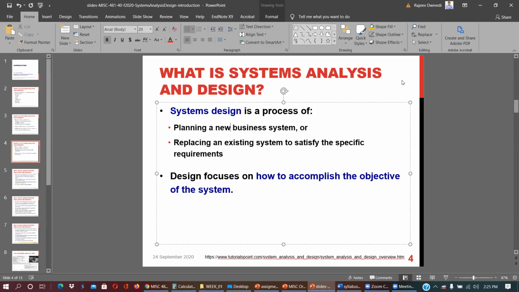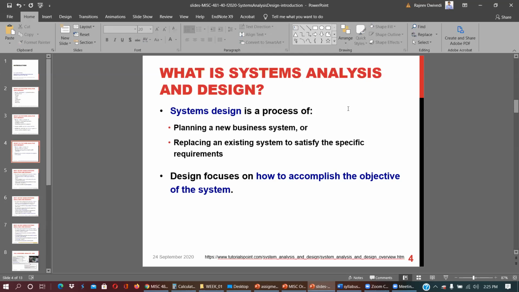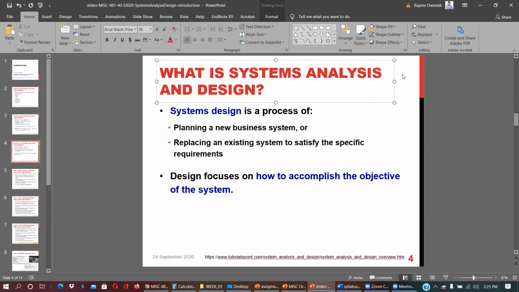Every day businesses face some kind of challenge and come up with a solution to develop a new system. Therefore, system design is a process. Why do we need this? For a new system or for replacing the existing one. And design focuses on how to accomplish the objective of the system.